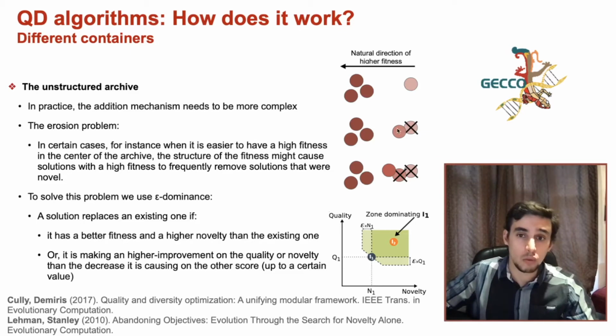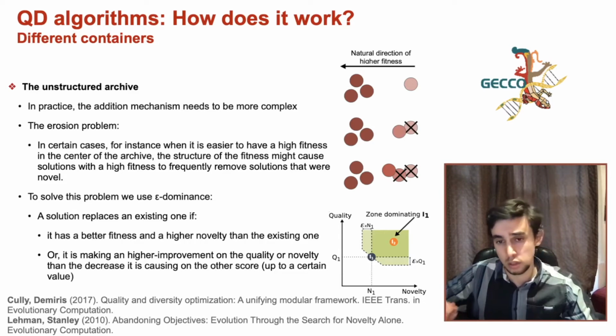So if we replace one solution by another one, we need to move further away from the nearest neighbor solution, and we need to have a better solution than the existing one. So it's this region in this domain. However, in practice, it's very difficult to find a new solution that satisfies both of those constraints in one go.